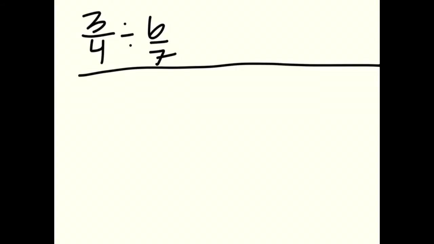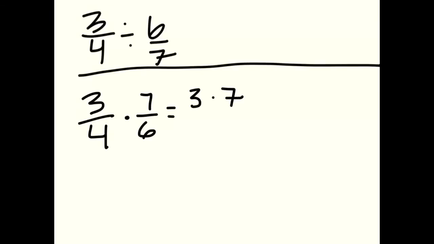To do this problem, you have to write 3/4 times 7/6, because 7/6 is the reciprocal of 6/7. So you do 3 times 7 over 4 times 6.